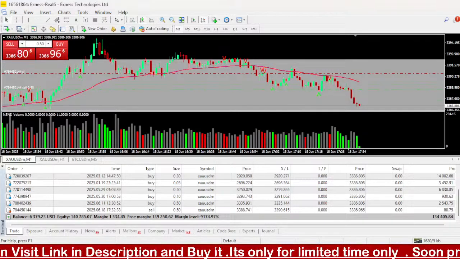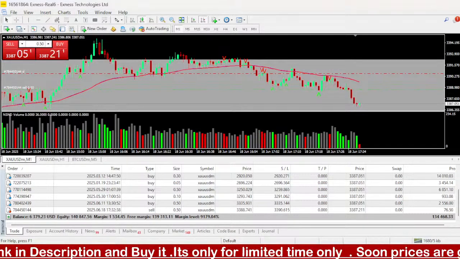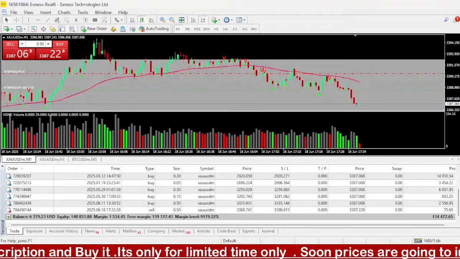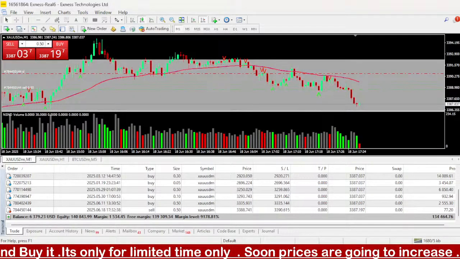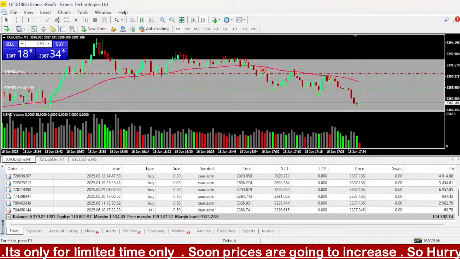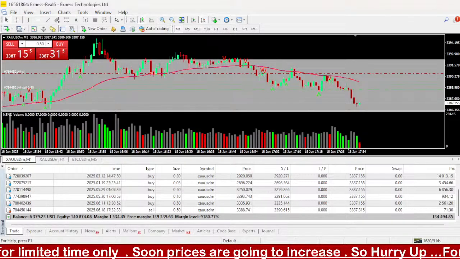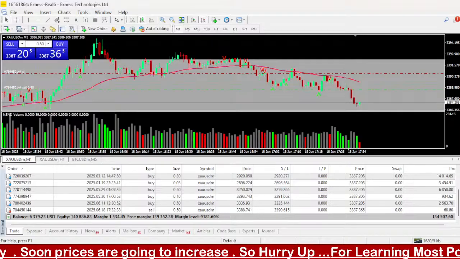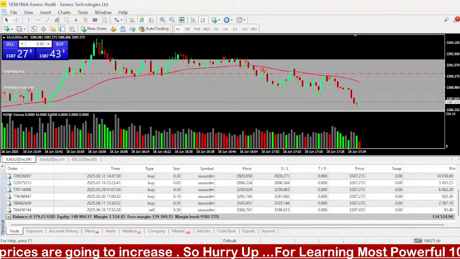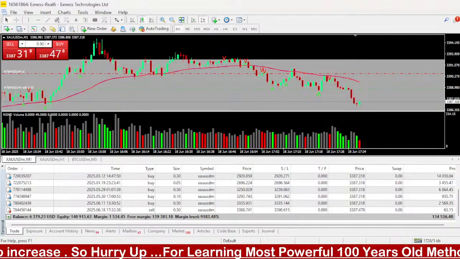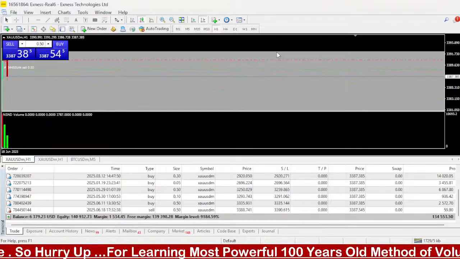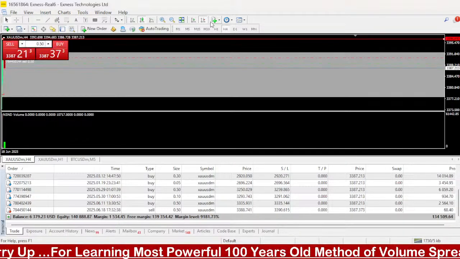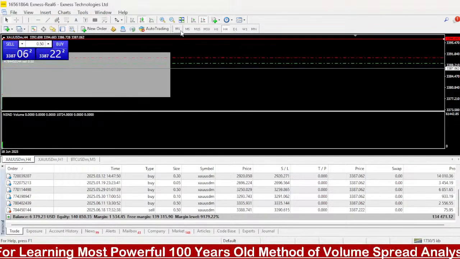So understanding of these no supplies, no demands, and those structural levels is very necessary. As you can see, I have taken the trade, and the trade perfectly goes in my favor.